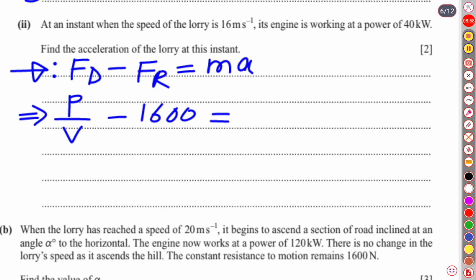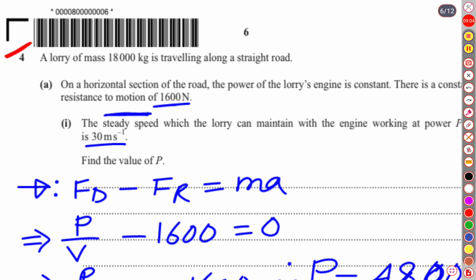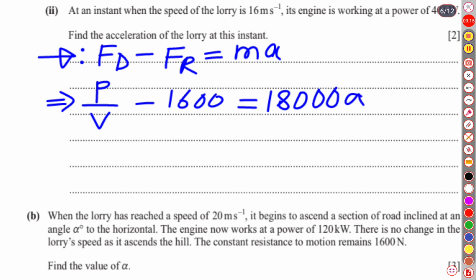The mass of the lorry is 18,000, so it is 18,000 into a. Now the velocity of the lorry is 16, so P over 16.